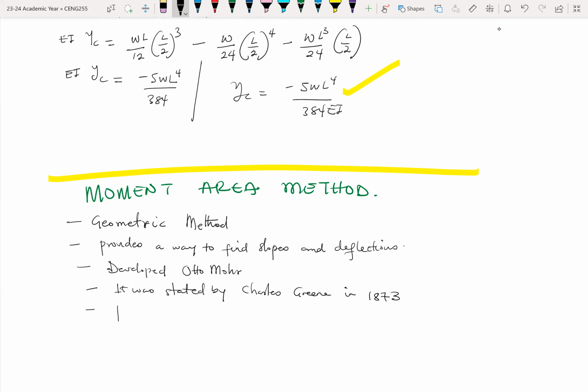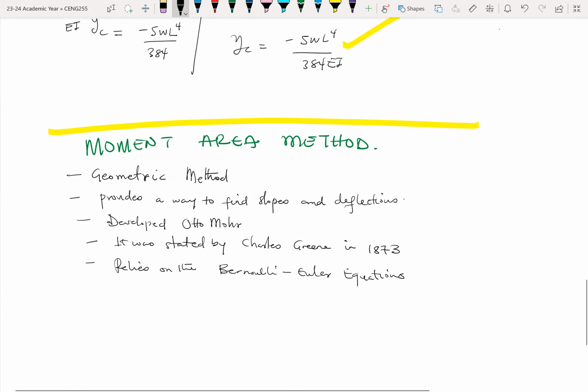It still relies on the Bernoulli-Euler equations. So whatever we did earlier, we'll still apply it in a much simpler way. All right. So it relies on its equation, also its assumptions.